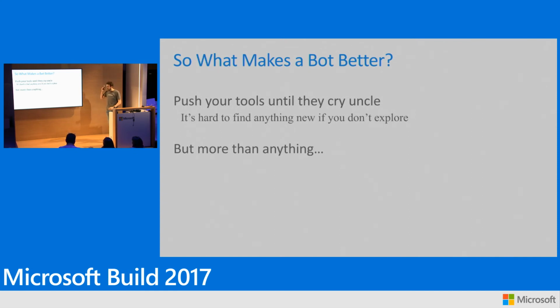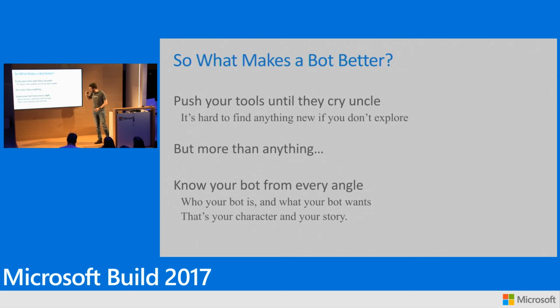But more than anything, and you can tell this is important because I put it on its own slide. Well, sorry, I gave it its own debut slide, is know who your bot is and what your bot wants. To thine own self be true, now it's your bot. You've got to know what your bot wants, what's important to your bot, what your bot's afraid of, what's your bot's story, how did your bot get to this situation?